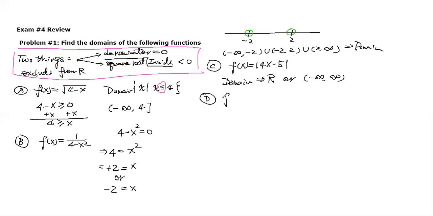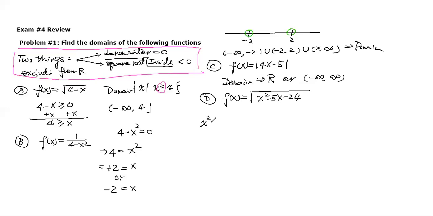Okay, now let's take a look at part D. They tell you f of x is equal to the square root of x squared minus 5x minus 24, right? So as soon as you see square roots, you know the inside of the square root has to be greater than or equal to 0.